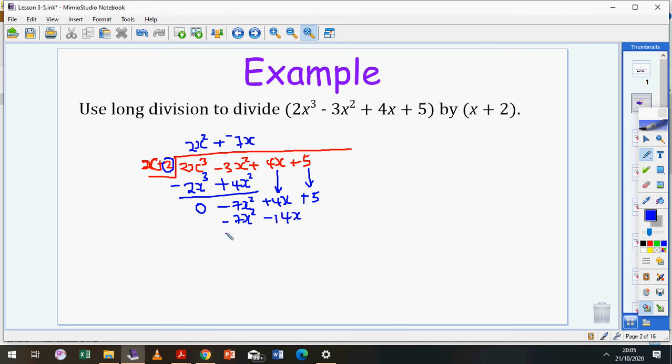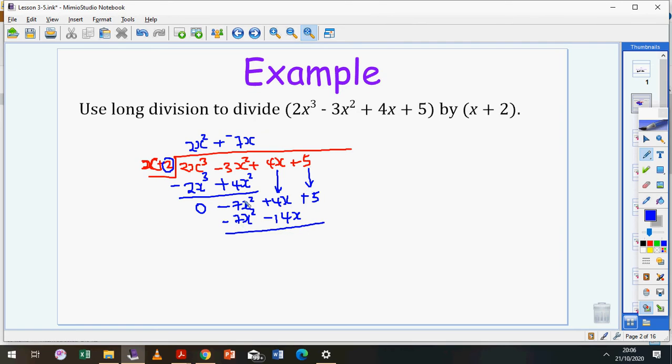So long division of polynomials is another way of factoring polynomials. These were able to come down because technically you have a 0 here and a 0 here, and when you subtract, positive 4x minus 0, you still end up with positive 4x.